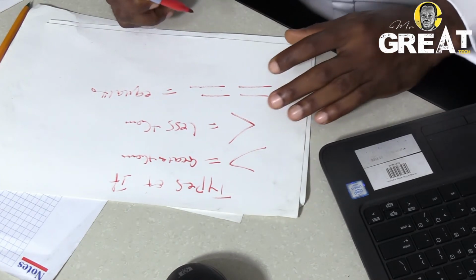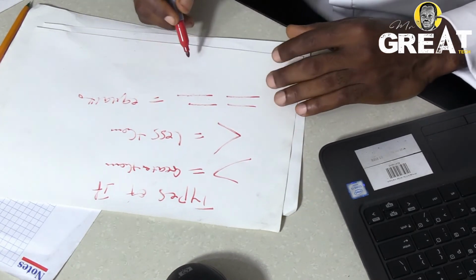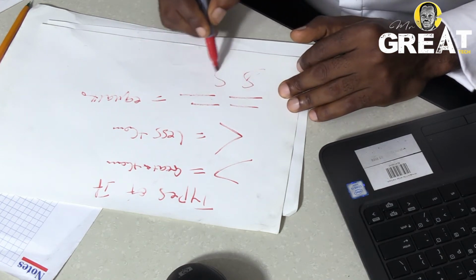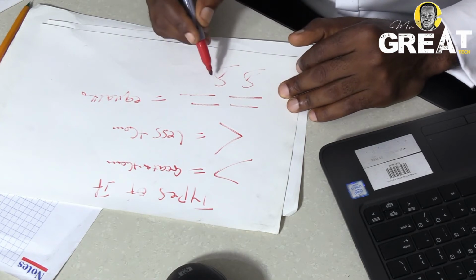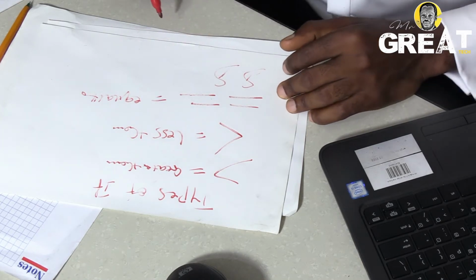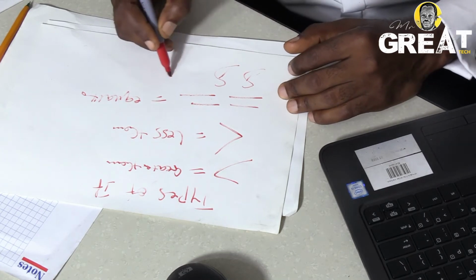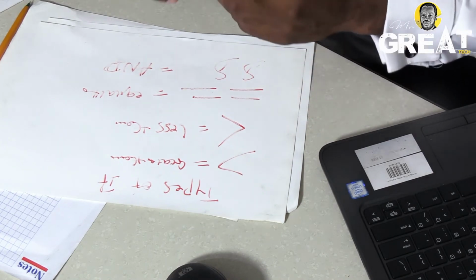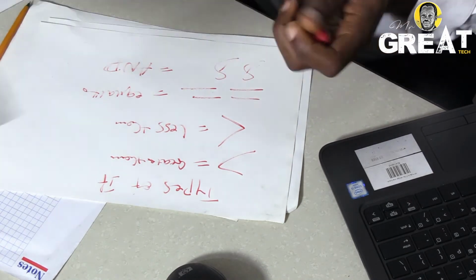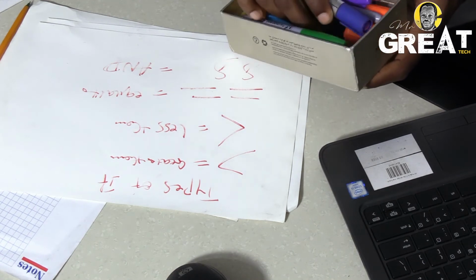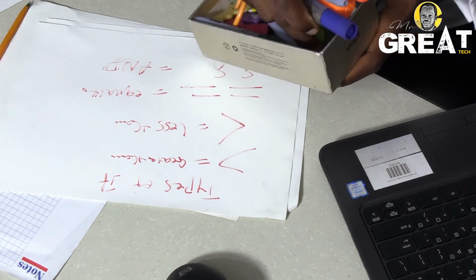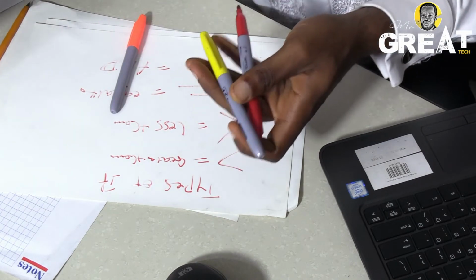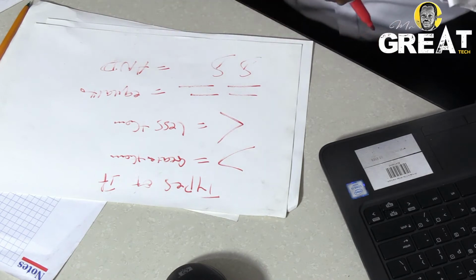Then you have and, which is this one, normal and. If you want to represent and, this is and.